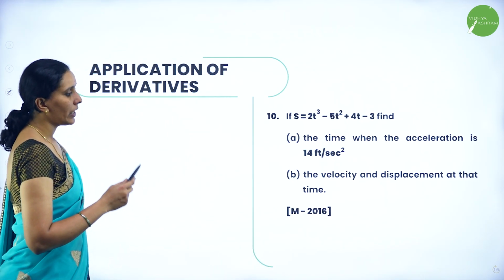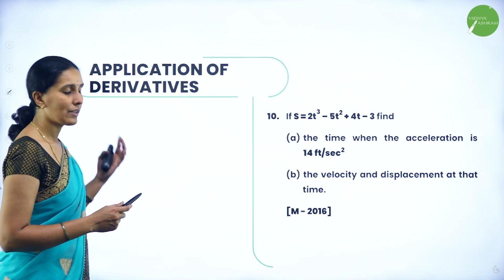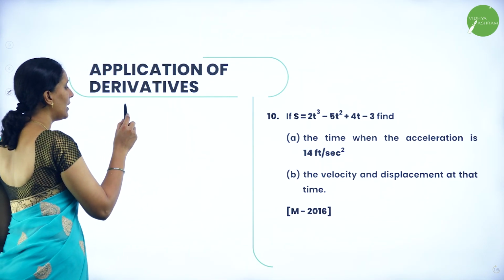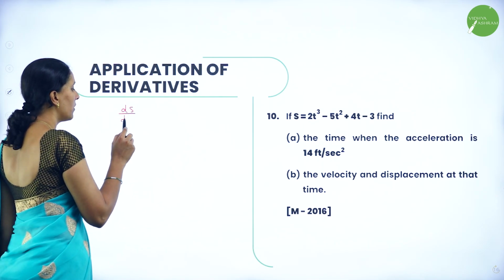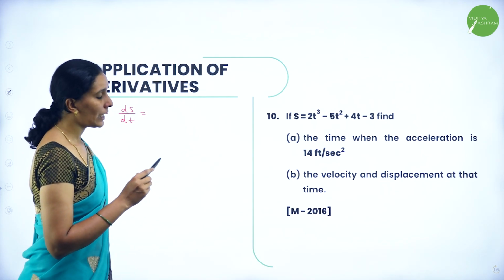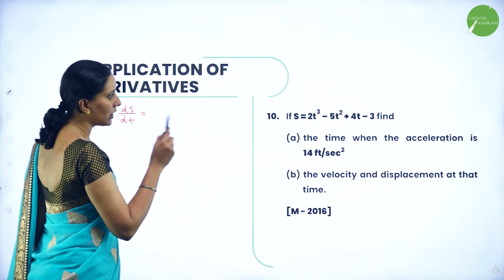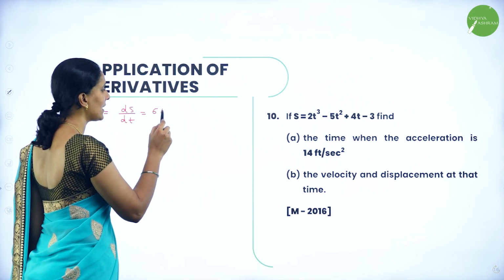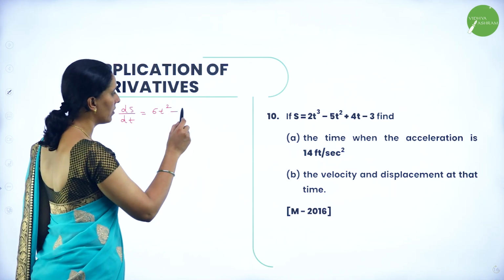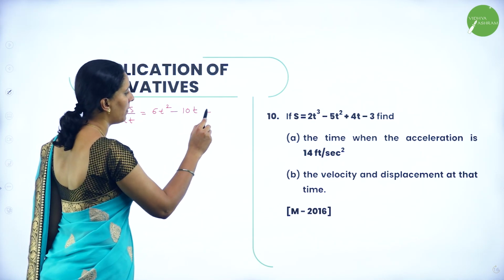So since we need the velocity also, so let us find out the first order as well as second order derivative. So we have ds by dt, which is nothing but the velocity. So the velocity can be t cube is 3t square, 3t square into 2 is 6t square minus t square is 2t, so 10t plus 4.